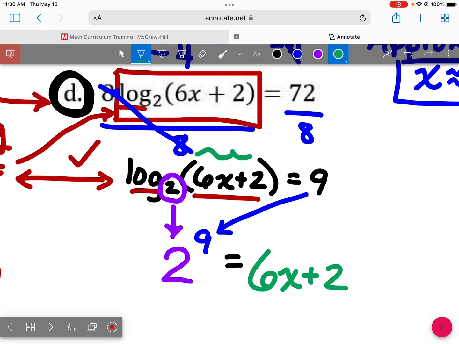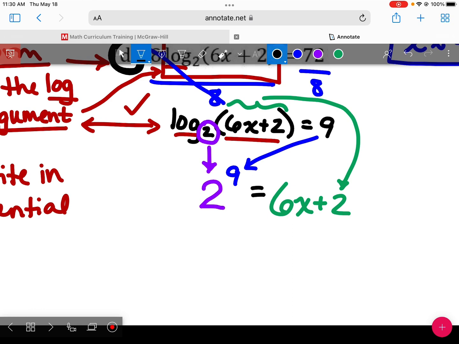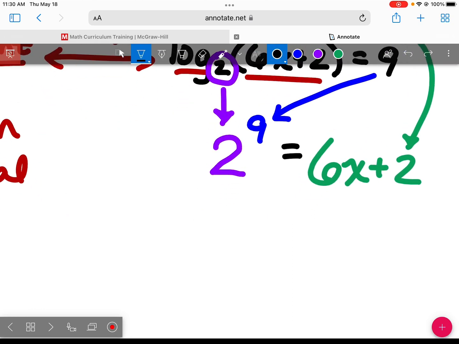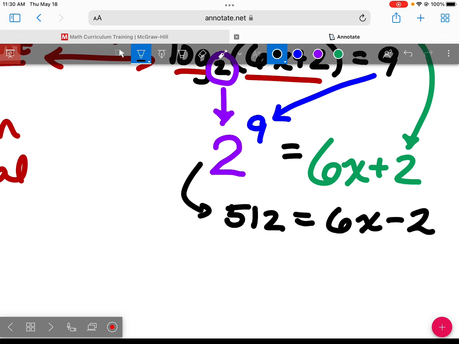I need you to put this part in your calculator. What is 2 to the 9th power? 512. Now we can subtract 2 from both sides.